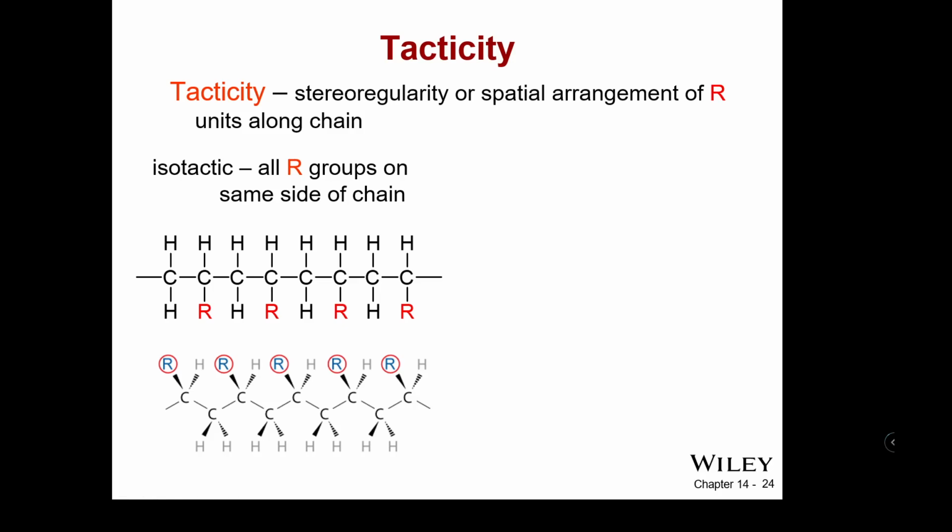So tacticity is another key principle. Stereoregularity or spatial arrangement of the R units, whatever those functional groups are, usually represented as R units. Isotactic means the R groups are on the same side of the chain.